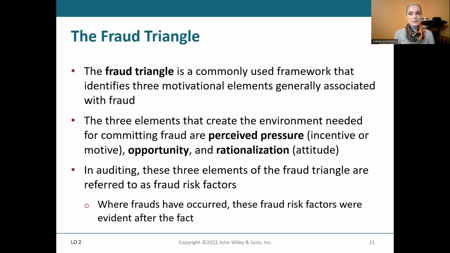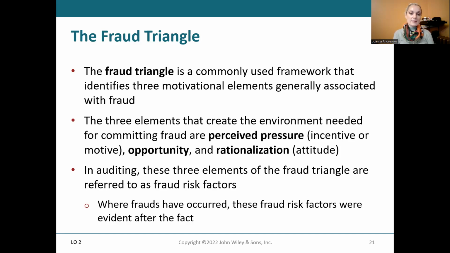So for example, one of the rationalizations that people use for fraud is, I'll pay the money back later. I'm not stealing it. I'm just taking a loan. Another common rationalization is disgruntled employees might say, oh, I'm not being paid enough. By taking this money, I am actually acquiring what I'm worth. So they have a justification. Rationalization is basically a justification.